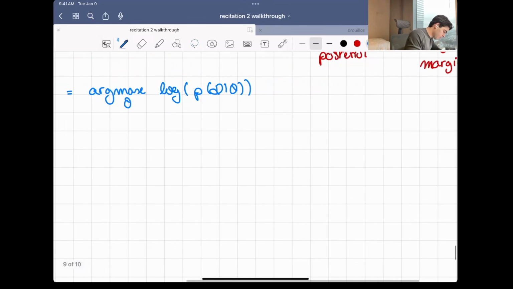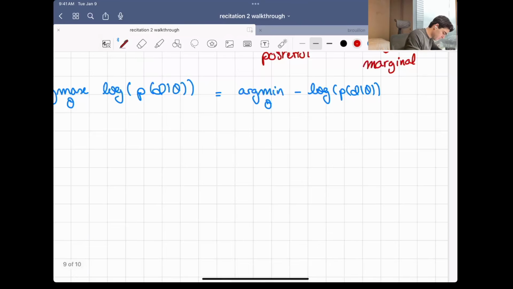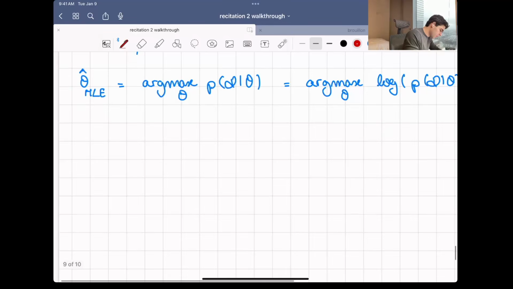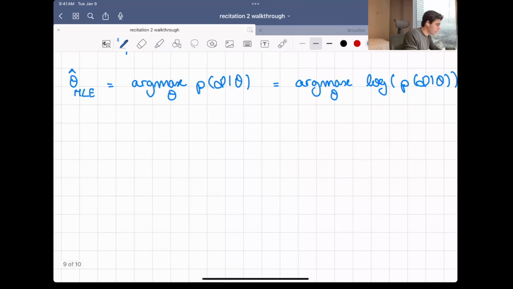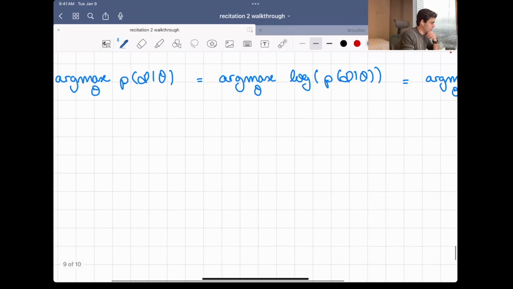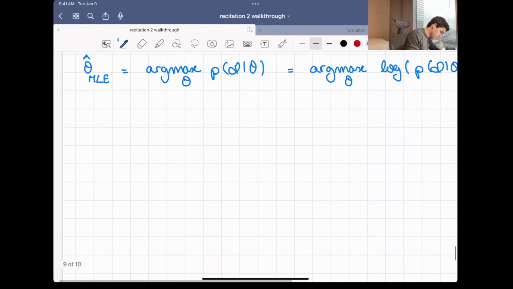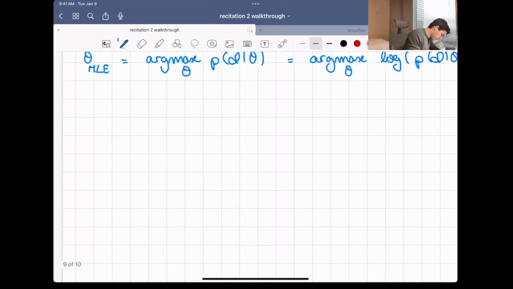Sometimes you will see people also do argmin over theta of the negative log likelihood, which has a name, the negative log likelihood. But forget this for now. So we want to maximize the log likelihood, and first let's write it down.